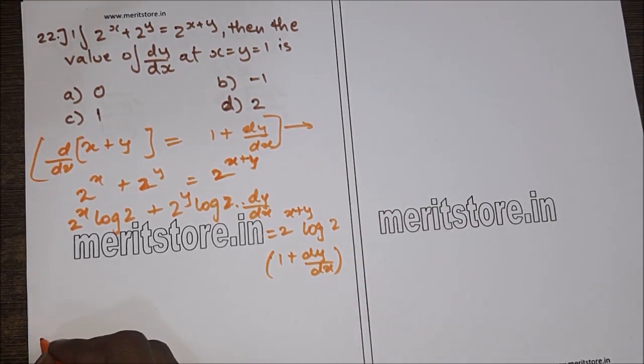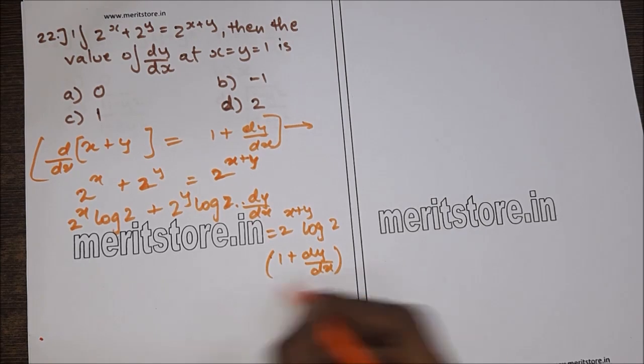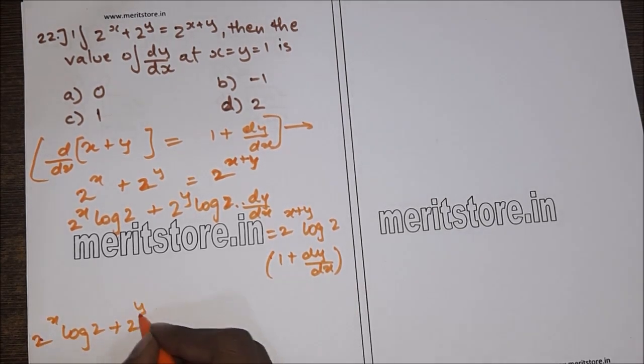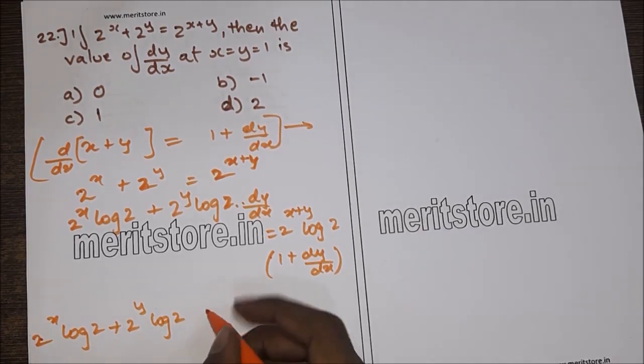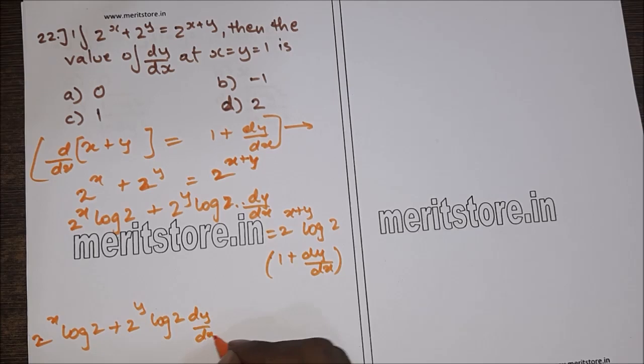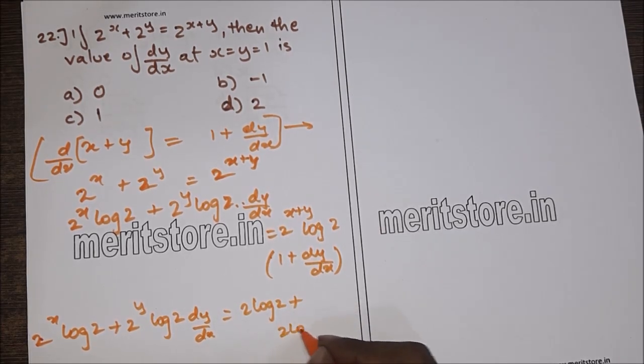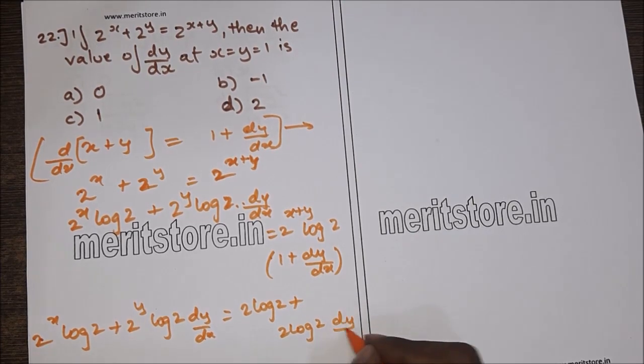Now we expand the brackets, we get 2 raised to x log 2 plus 2 raised to y log 2 dy by dx is equal to 2 log 2 plus 2 log 2 dy by dx.